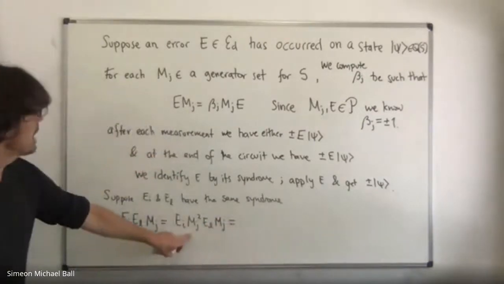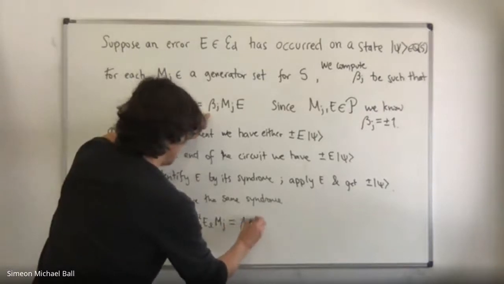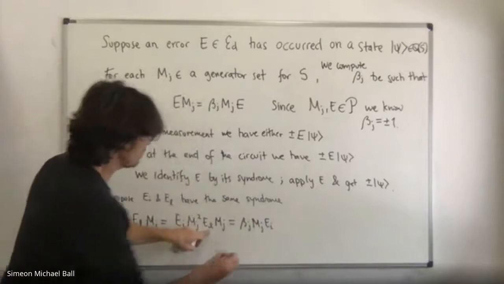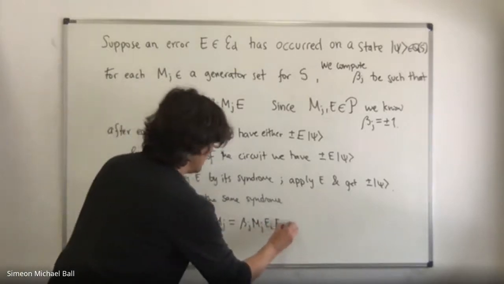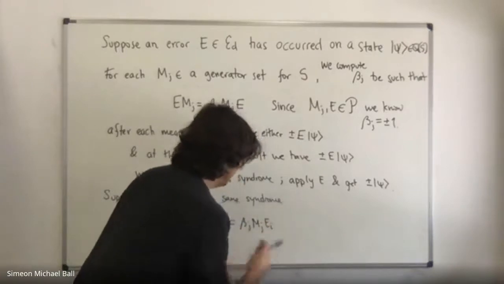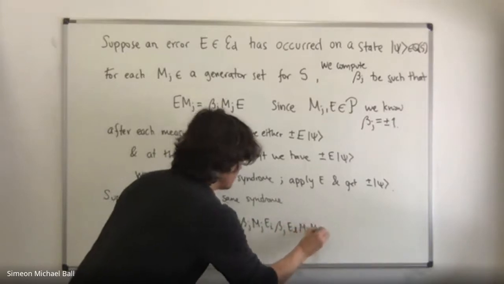Now, Ei Mj, if I commute this, gives me a beta j Mj Ei. And the other Mj, I go the other way and get El, giving beta j. Beta j El Mj. And then I have Mj again.